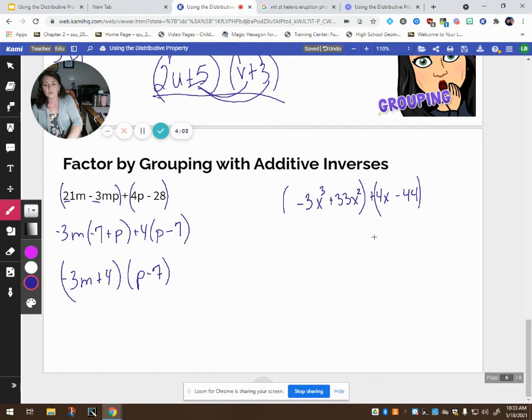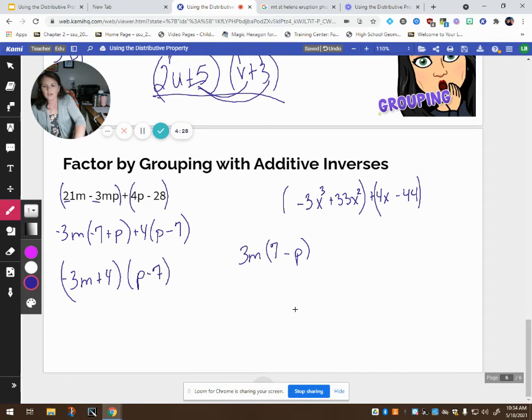Now, what I did here was the prime factorization in my mind. I looked at this to find the greatest common factor, and I could see that both of these were divisible by 3. If I would have factored out just a positive 3 here, I'd like to look back at that. If I just was to factor out a positive 3m, then I would have been left with 7 and then negative p.